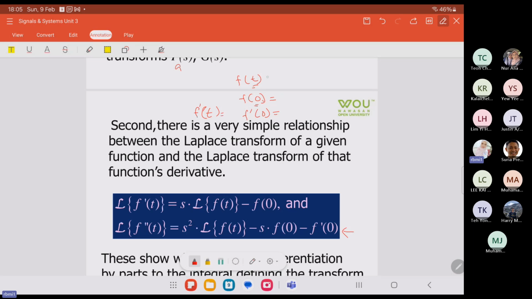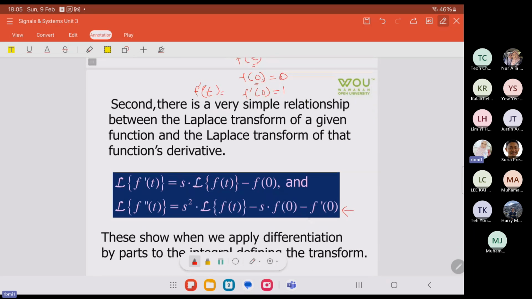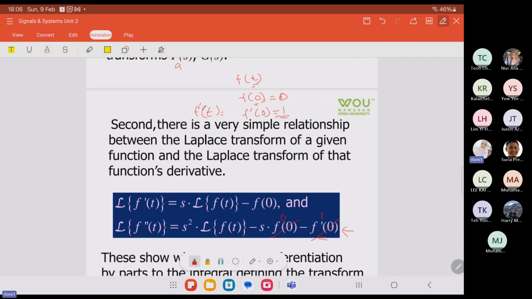Let's say here we put 0, and this one is 1. So in the function, for example this one, we must replace with 1. If it is 0, we replace with 0, according to the value given in the initial value problems.